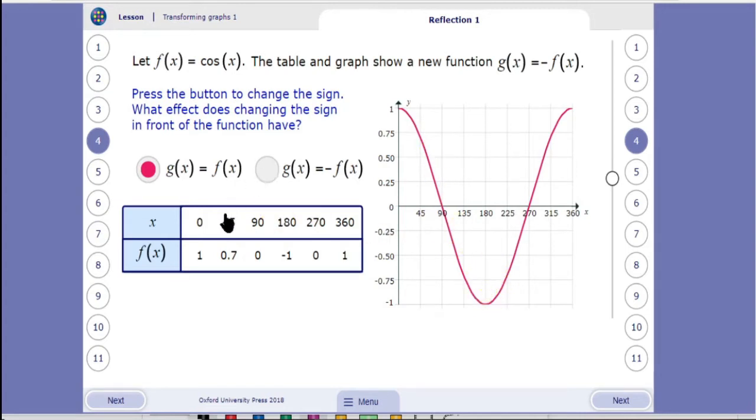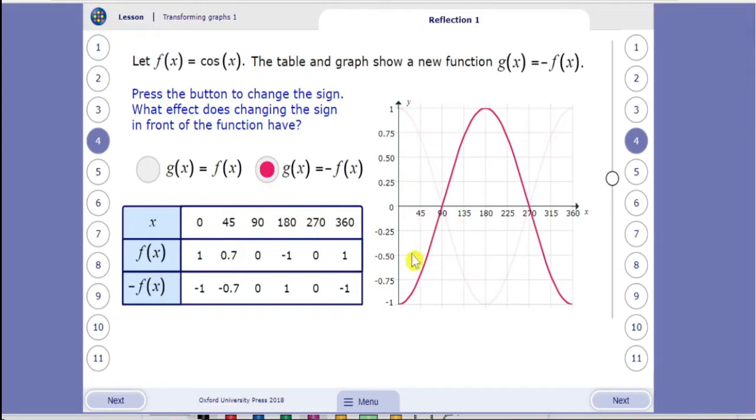And if g of x is equal to negative f of x, now you see that instead of the valley, you're getting the top of the hill. What does it mean? It means that the original graph is being reflected in the x-axis. Let's see the y coordinates here. For the original one, when x is 0, f of x is 1.